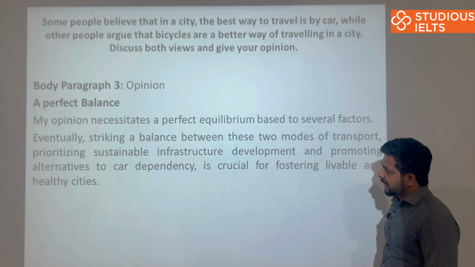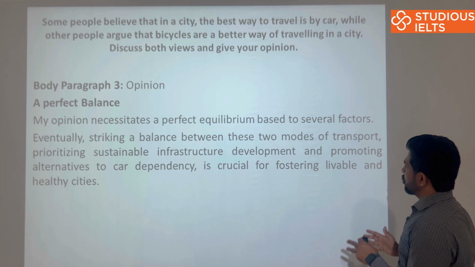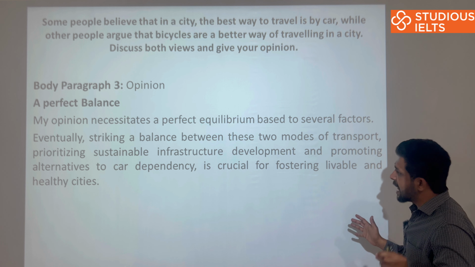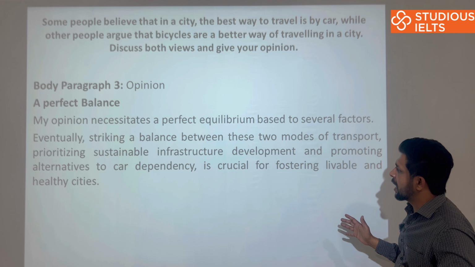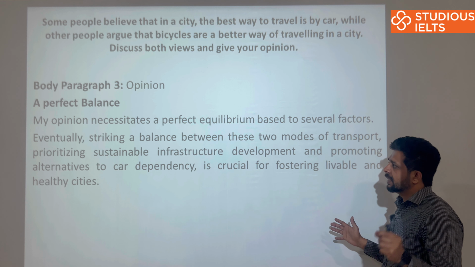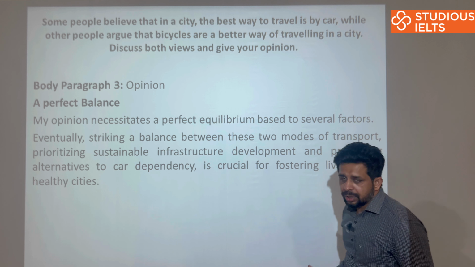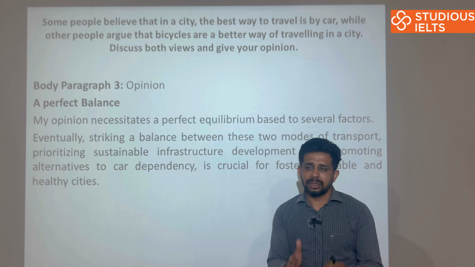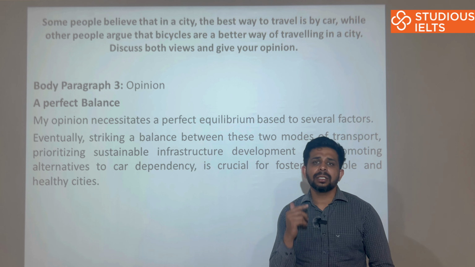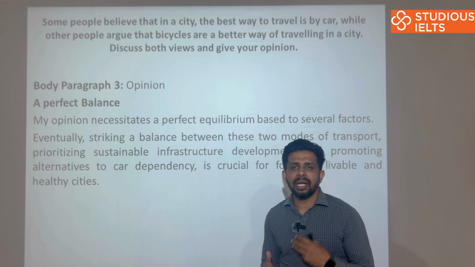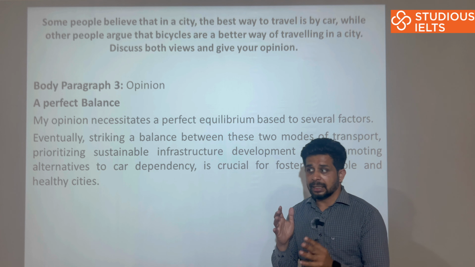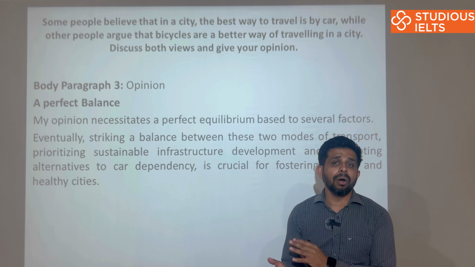Eventually, striking a balance between these two modes of transport, prioritizing sustainable infrastructure development and promoting alternatives to car dependency, is crucial for fostering livable and healthy cities. No doubt, bicycles are good. These are good for the environment, good for physical health. But cars have their own importance. Somehow, we will also have to use them in certain settings, in certain necessities where you cannot use bicycles.